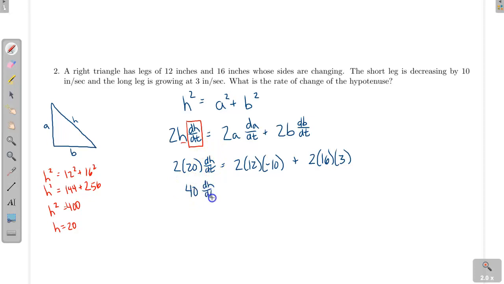So we're going to simplify this right-hand side. 2 times 12 times negative 10 is negative 240 plus 2 times 16 times 3 is 96.